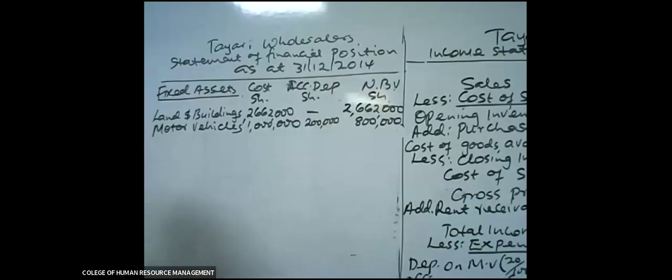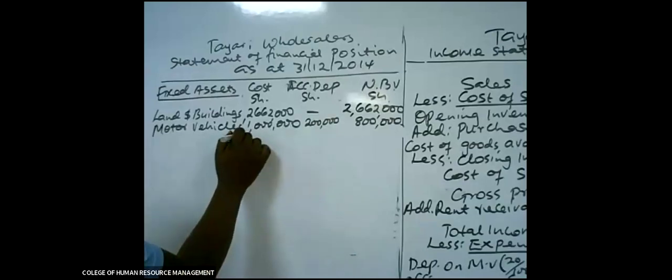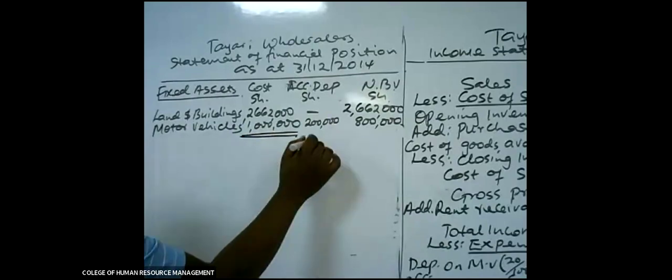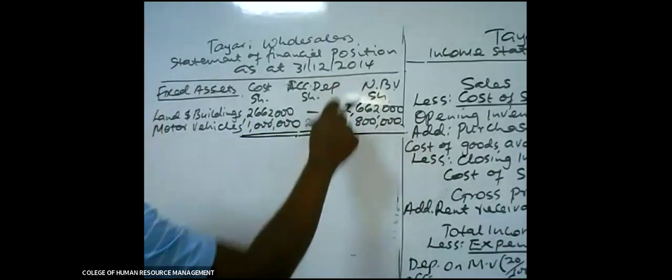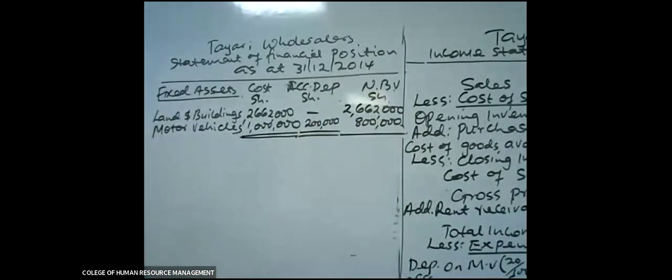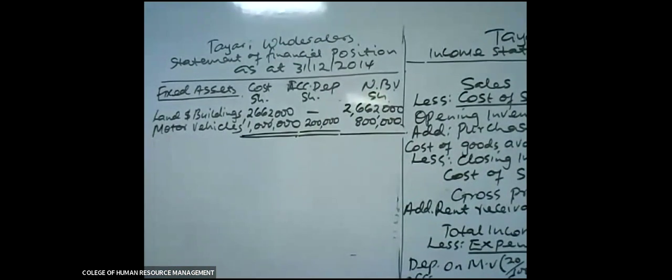No other fixed asset is provided. You don't need the cost or the total depreciation; we are only interested in the total of the net book value. 2,662,000 plus 800,000 is 3,462,000.